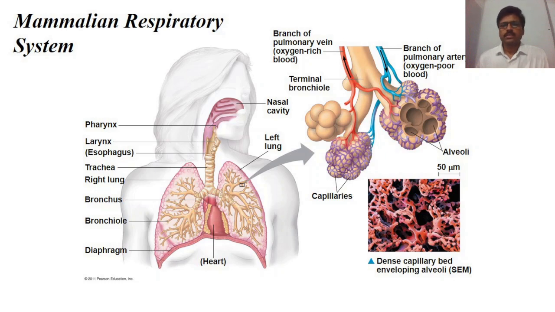Trachea bifurcates into two parts. Each is called bronchus, which enters in either lung. The bronchus divides and redivides into smaller branches called bronchioles. The final branch ends into a system of alveolus, a rounded air sacs.